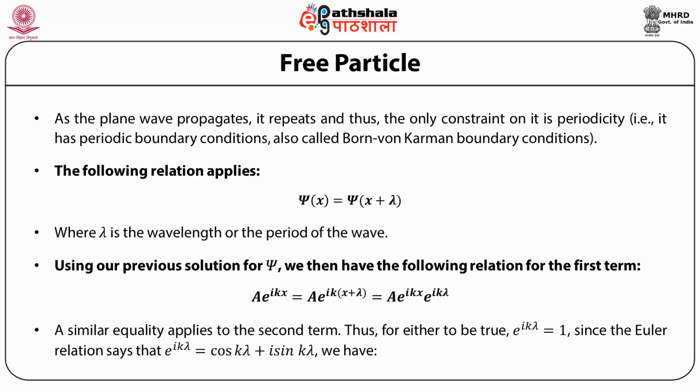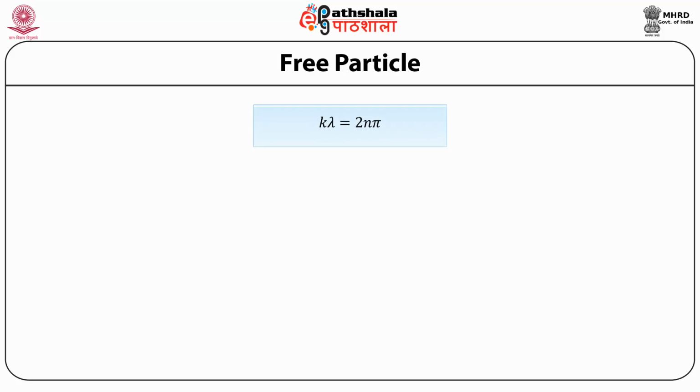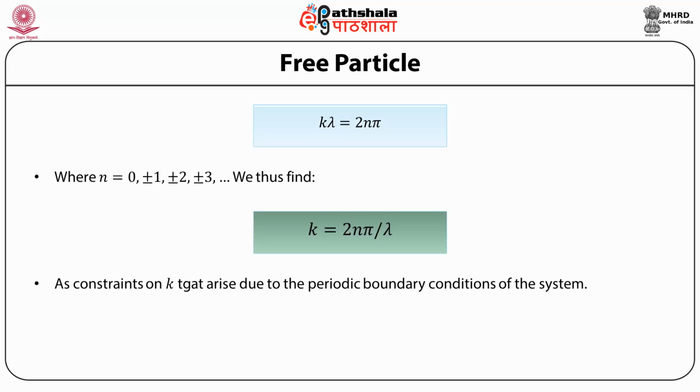Since the Euler relation says that exponential i k lambda equals cos k lambda plus i sin k lambda, we have k lambda equals 2n pi, where n is 0, plus minus 1, plus minus 2, plus minus 3, and so on.